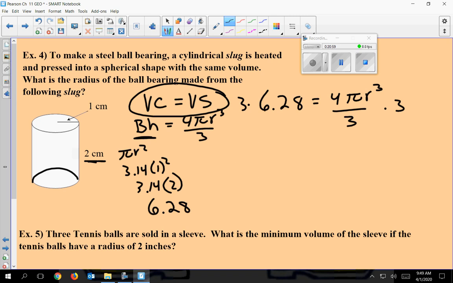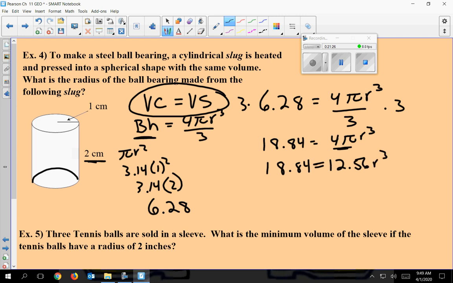I get 18.84 over here, and 4 pi r to the third. Now I'm going to simplify this 4 pi. I'm going to multiply 4 by 3.14, so I get 18.84 equals 12.56 r to the third.